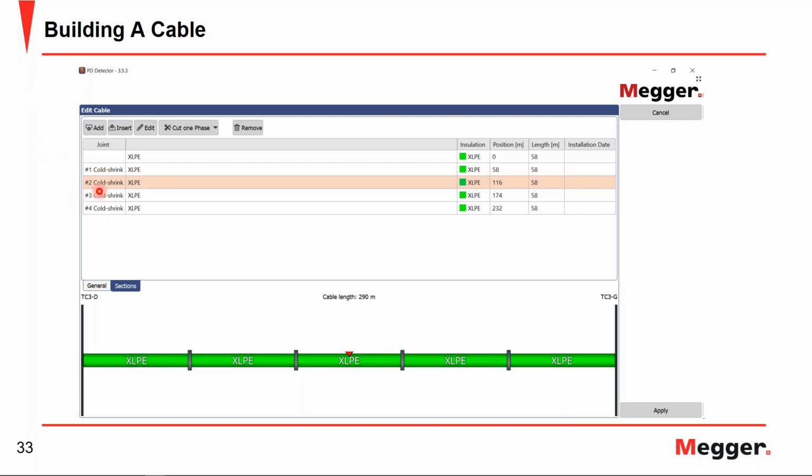So you can see that I have 4 cold shrinks, which are our joints or our splices that are in the cable, followed by the 5 stretches of cable that make up our entire 950 feet here, or 290 meters, as you can see. So now we have the cable built, and we can go ahead and save it.